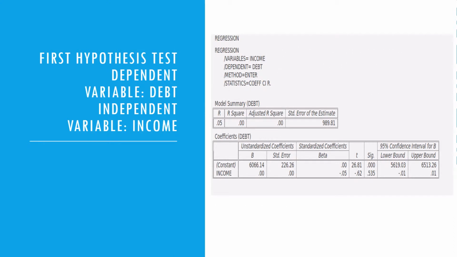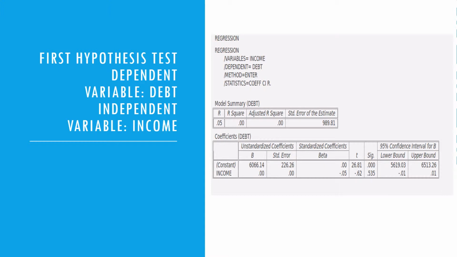So in our first hypothesis test, we took the dependent variable of debt and the independent variable of income, and we ran it in our PSPP. And to the right, you can see the data that was given out of it.